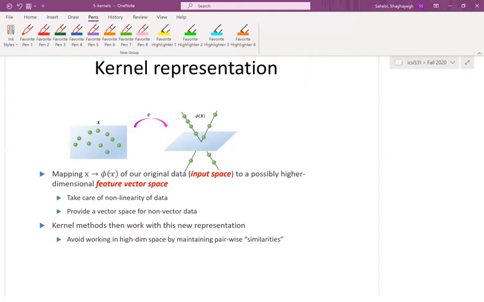This way we can take care of the nonlinearity in the data, and also we can provide some kind of vector space for data that is non-vector, and we are going to see examples of that.